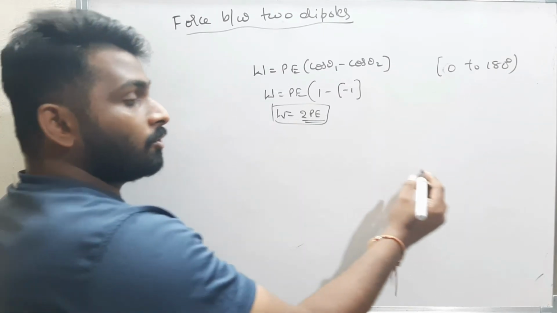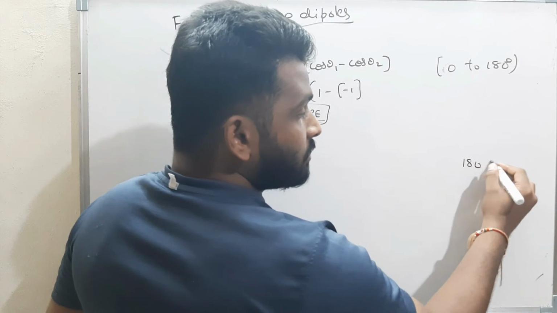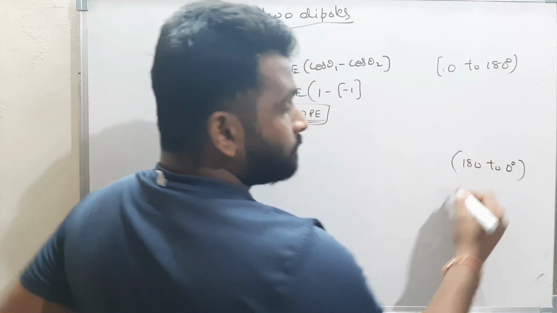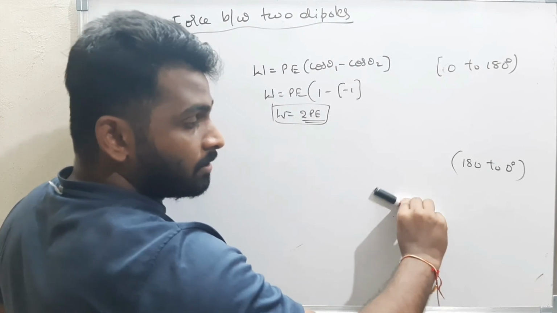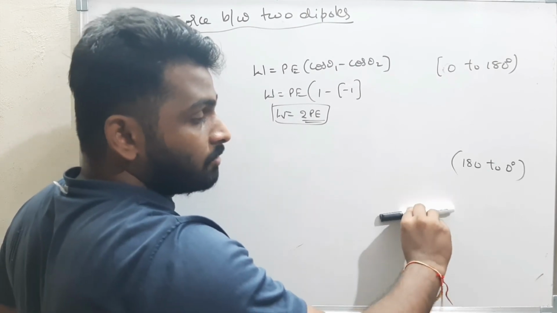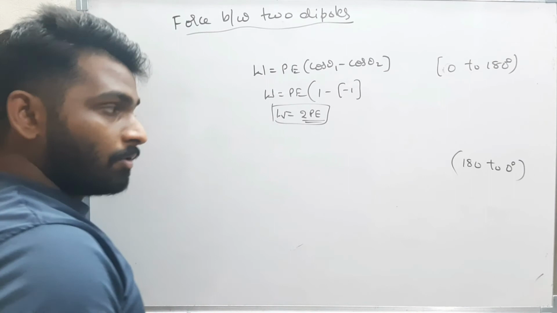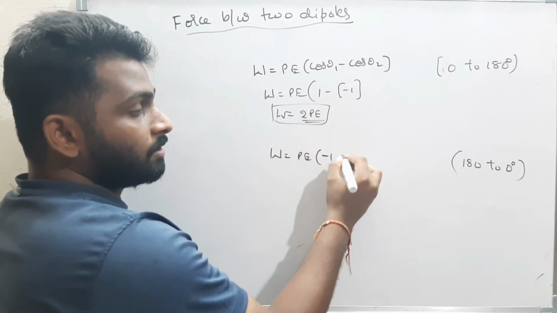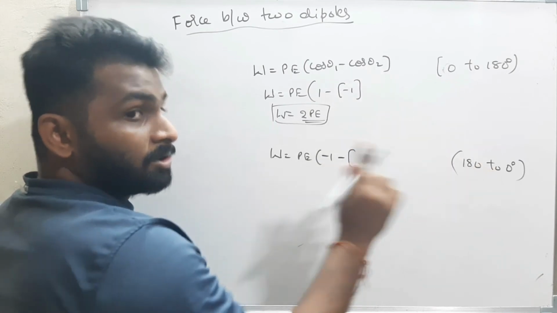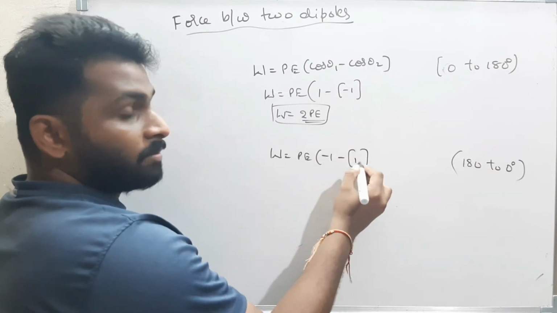Okay. Now if I want to rotate the dipole from 180 degrees to 0 degrees, that means initially the dipole is like this, and I want to rotate it by 180 degrees, that means 180 to 0 degrees. Therefore, what is the work done? PE, cos 180 is minus 1, minus of cos 0 is 1. Therefore, minus 1 minus 1 is minus 2.